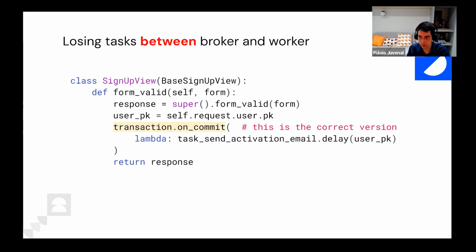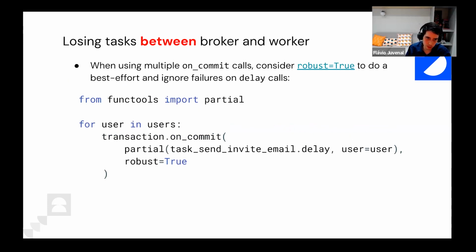Okay, transaction on commit. If you don't have atomic requests, it will run immediately, so it's not a problem. It will not lose the task if you don't have atomic requests true. Okay, so in general, just use that. There is a situation where you may have multiple tasks, and depending on your use case, you may want to have robust true on transaction on commit.